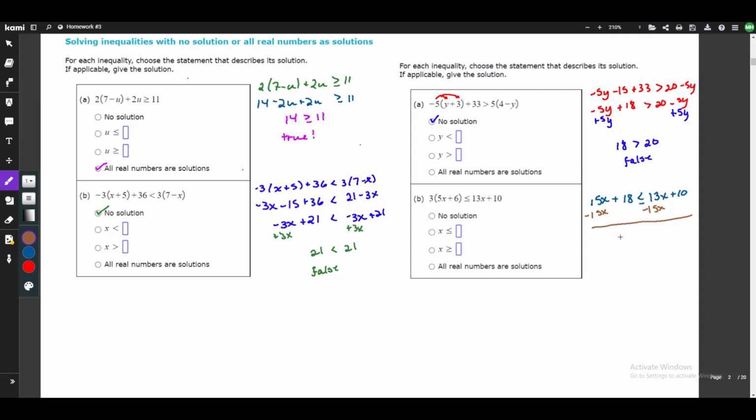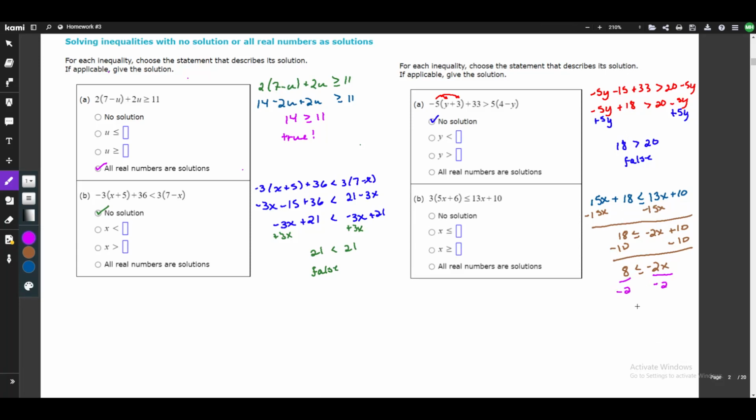All right, so we have 18 is less than or equal to negative 2x plus 10. Get the 10 on the other side. I have 8 is less than or equal to negative 2x. This is just really, honestly and truly, to remind you to change the sign. So negative 2 divided by negative 2.